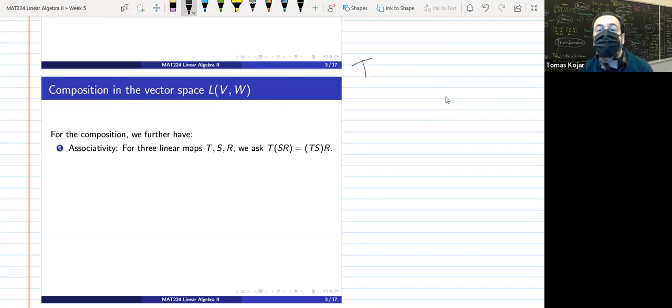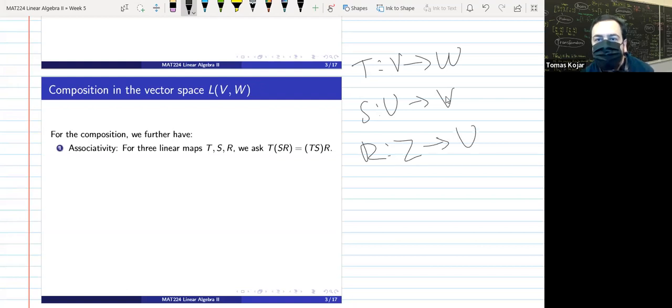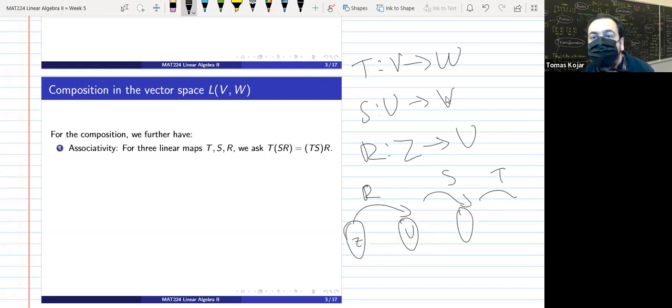T goes from V to W, S goes from U to V, and R goes from Z to U. Then you can compose them: R, S, and T. This goes from Z to U, which goes to V, and this goes to W. So there's nothing new here.